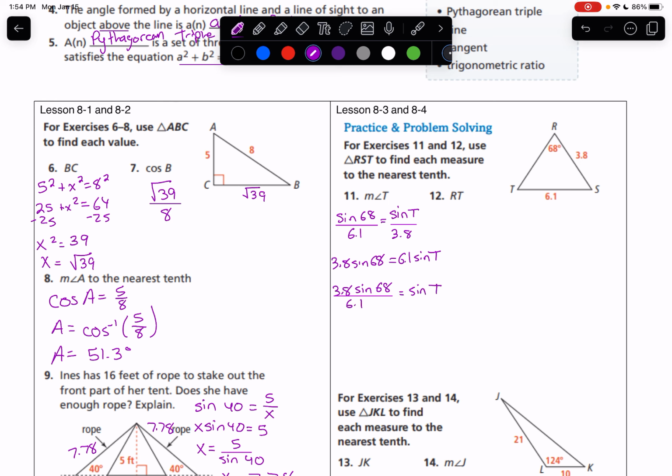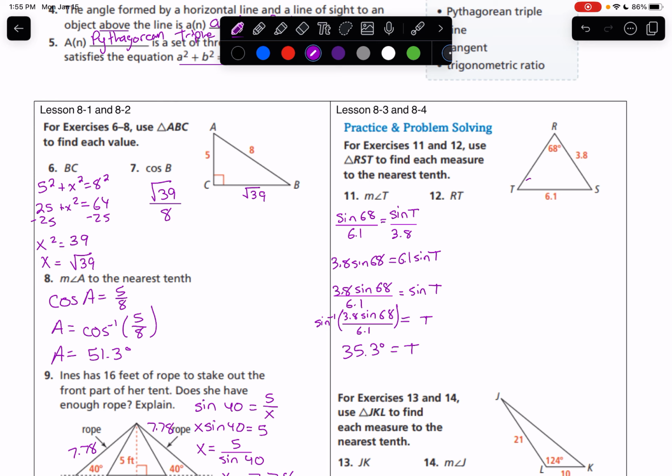But of course, I don't want the sine of T. I want just angle T. So I'm going to take the inverse sine of both sides. So the inverse sine of 3.8 sine of 68 over 6.1 is going to be angle T. Put that in a calculator and you get 35.3 degrees.